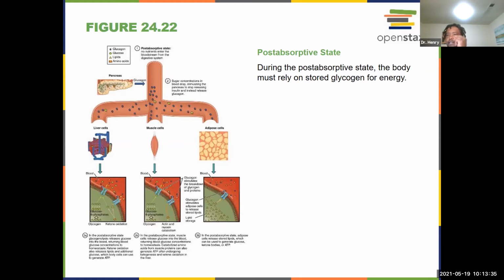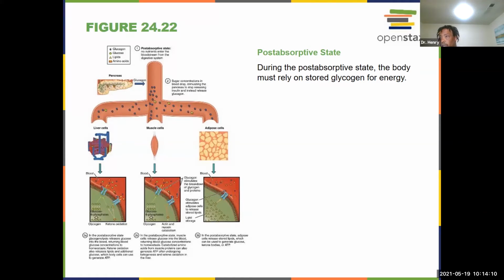I never put that together before. Okay, so in that case, ketone oxidation, which is actually going to be happening in the liver. But it's going to allow muscle proteins to basically produce ATP, and that's going to undergo ketogenesis and ketone oxidation.